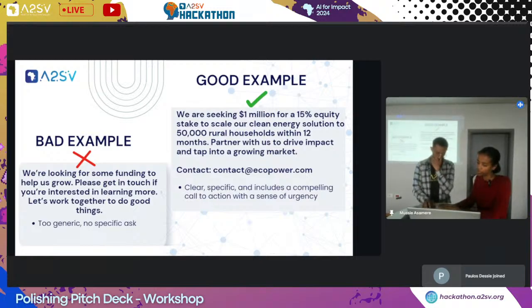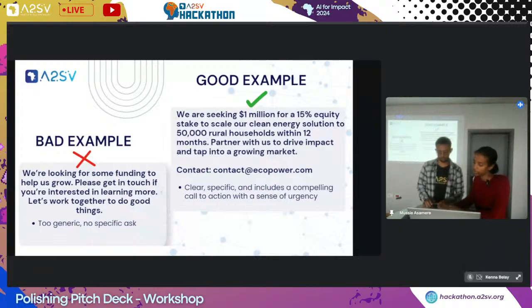So what we want to say instead is, we are seeking 1 million for a 15% equity stake to scale our clean energy solutions to 50,000 rural households within 12 months. It doesn't necessarily have to be equity.